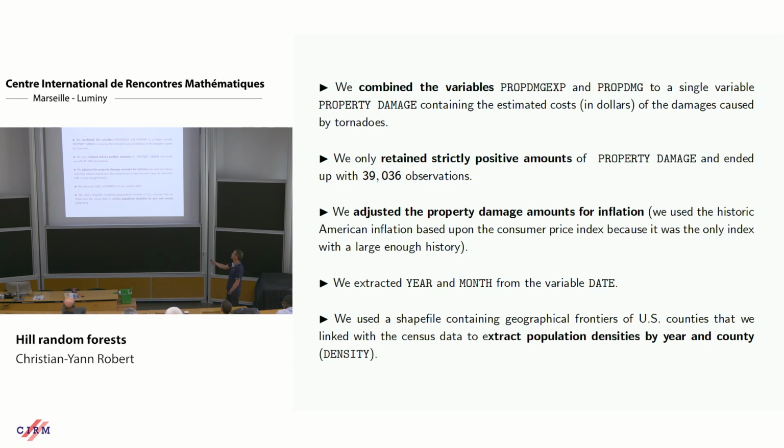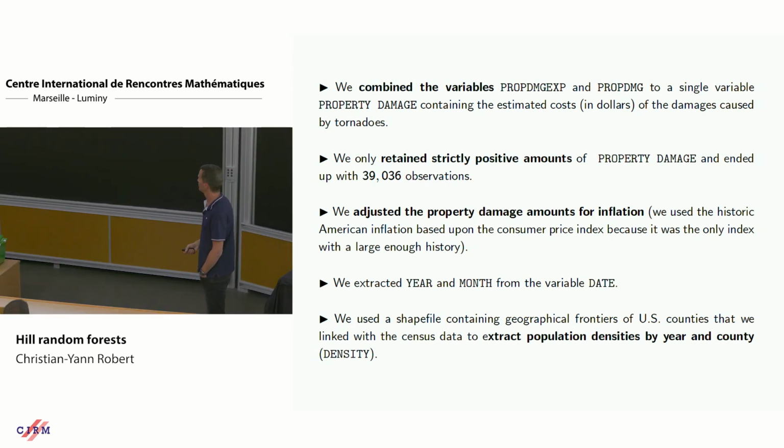Then we decide to adjust this amount for inflation, not to be biased by inflation effect. Then we also get the year and the month, and we also decide to divide by the density of the population over the US, because we think that if you are in a region with a very high population density, you will have, of course, a large amount.